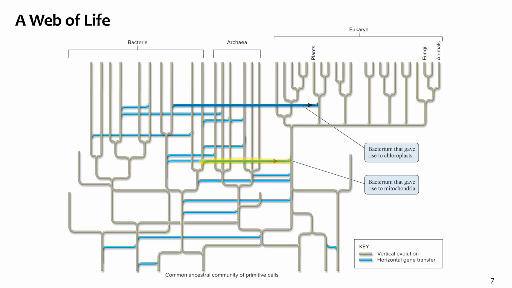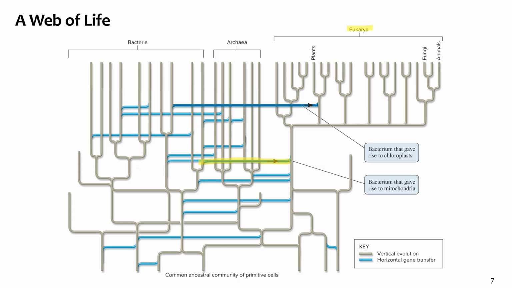Mitochondria still have their own DNA. So that is an example of bacterial gene transfer from a bacteria to an archaeal ancestor, some species from the archaeal lineage, and that DNA becoming incorporated into our eukaryotic group.